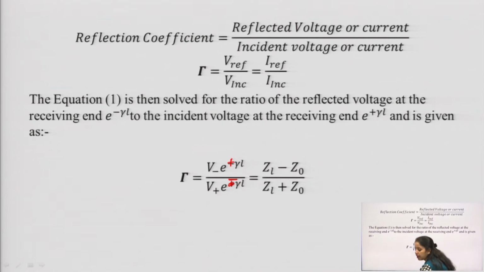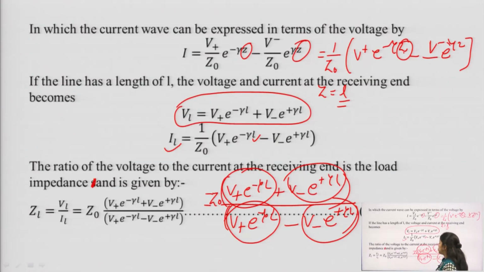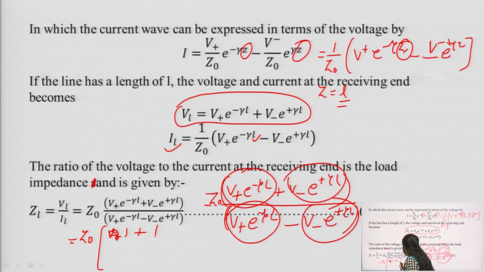So, how can we get this from this expression? We have to divide the expression here. This is the reflected, and we have to divide it by the incident one. So, this will be Z naught, and in the place of V plus we can have 1, because we divide the complete expression by V plus e to the power minus gamma L. When we divide, this can be replaced with tau, which is our reflection coefficient.